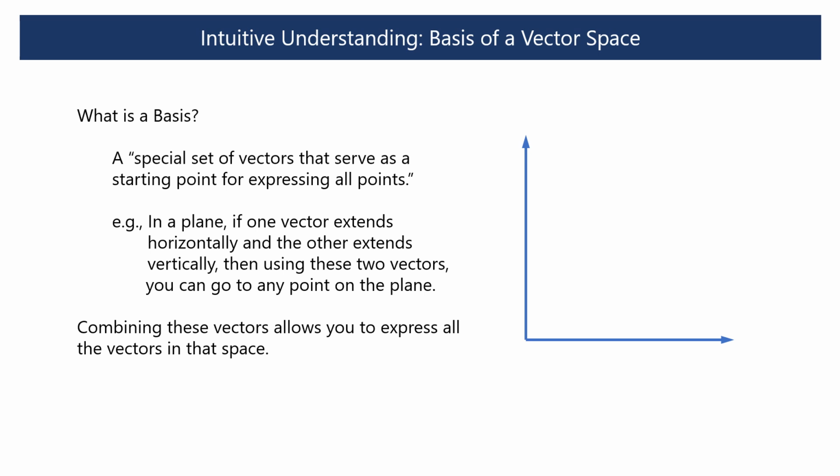For example, in a plane, a two-dimensional space, if one vector extends horizontally and the other extends vertically, then, using these two vectors, you can go to any point on the plane. In other words, a basis is a standard guidepost that allows you to move anywhere in space. Combining these vectors allows you to express all the vectors in that space.